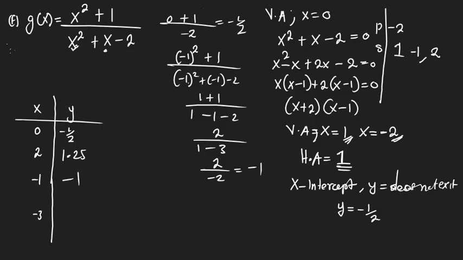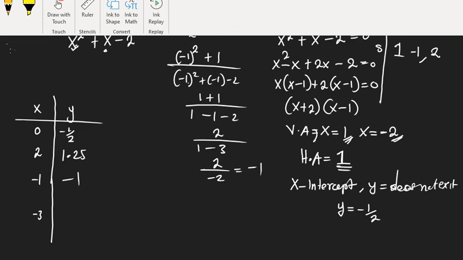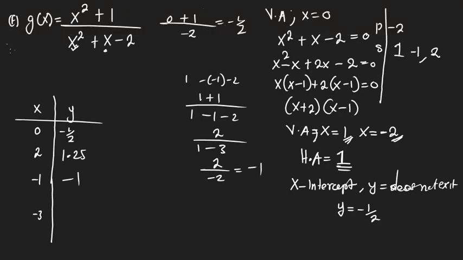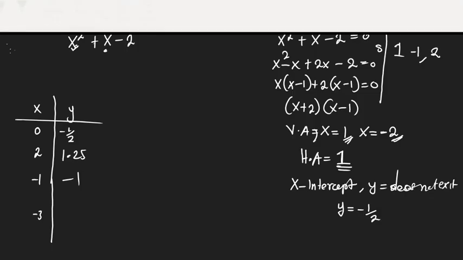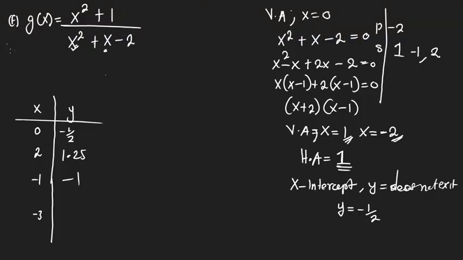How about if I input negative 3? I'm teaching you how to get the coordinates the simple way without going too far. Negative 3 here, negative 3 here.